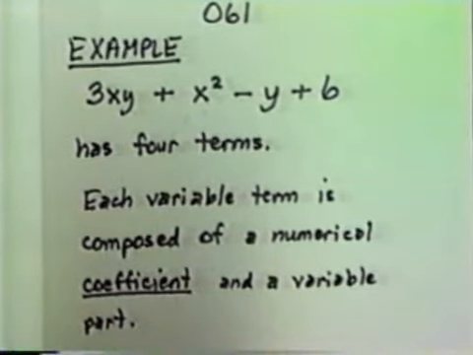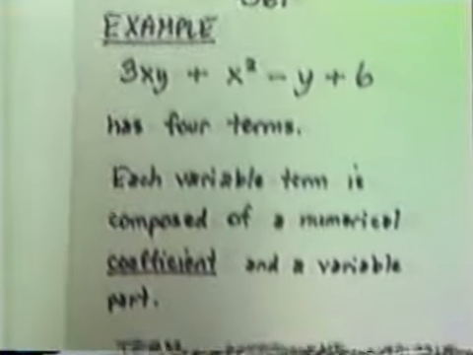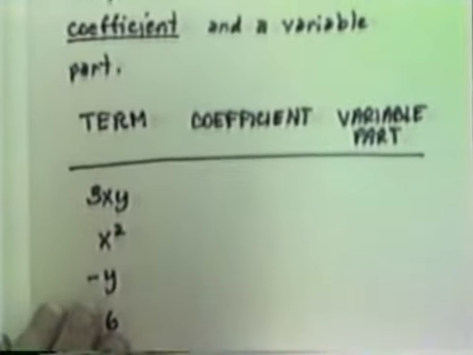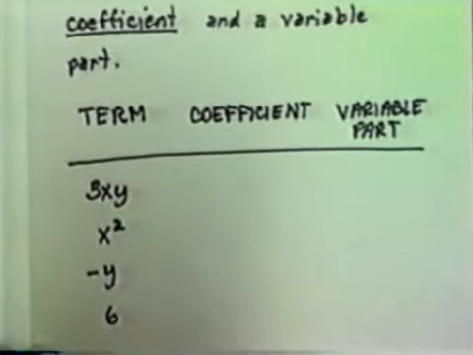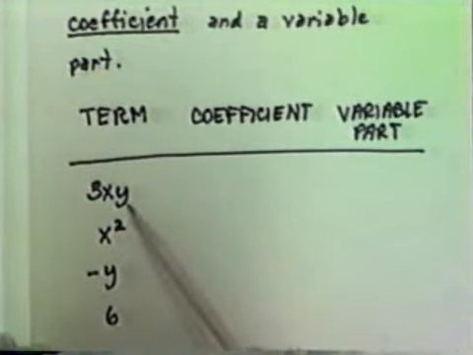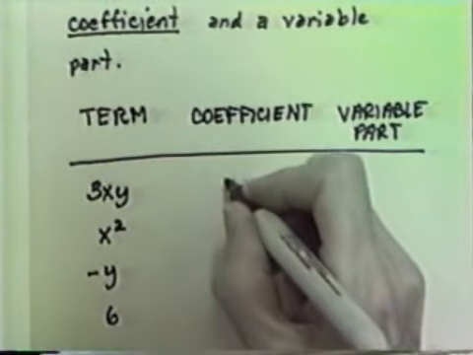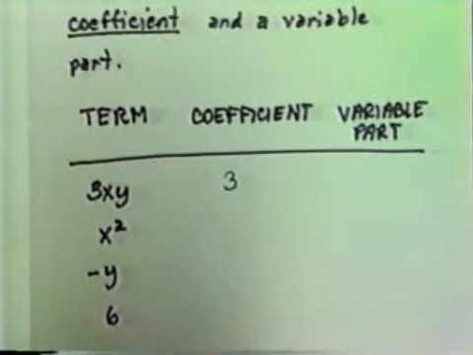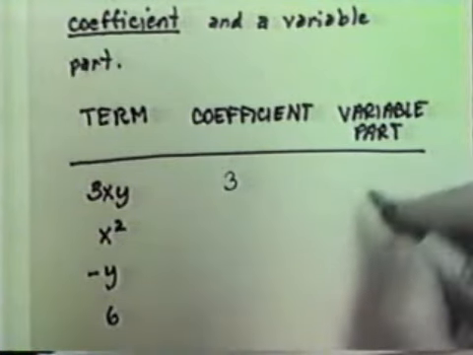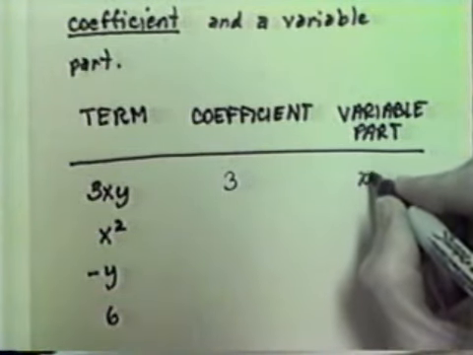Let's list for each term in our expression its coefficient and its variable part. The first term is 3xy. Its coefficient is 3. Its variable part is xy.